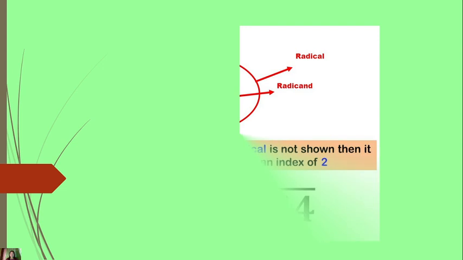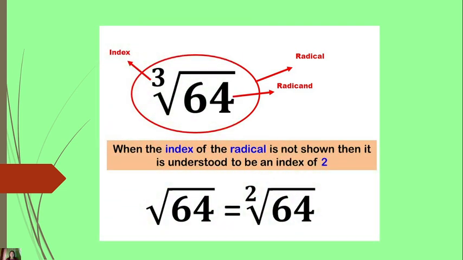Okay? So let's have here an example. So this figure or part is what we call the radical. How are we going to read our radical? You will start on the index, cube root of 64.